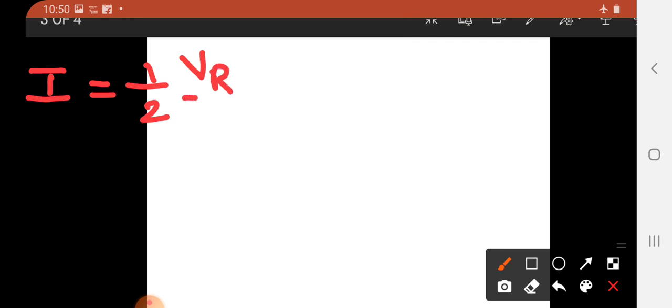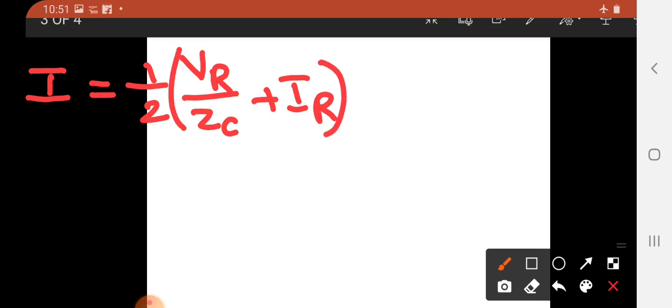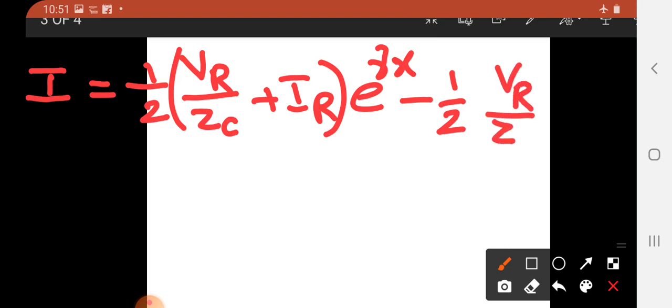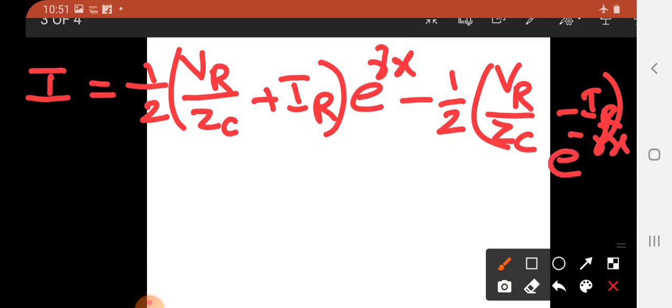Then I is equal to 1 by 2 into VR by ZC plus IR, into e power gamma x, minus 1 by 2 into VR by ZC minus IR, into e power minus gamma x. Yes, this is equation 10.